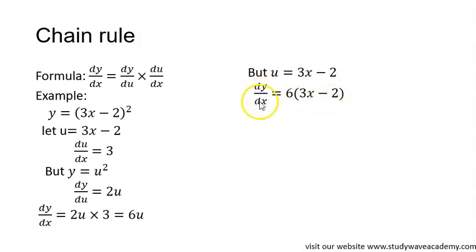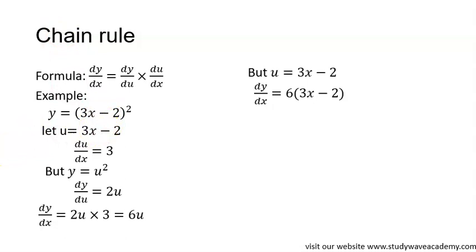So differentiation of y in respect to x is this. Do you understand that? Good. So we can apply the chain rule to this, right? If we see a function like this, we can solve it using this chain rule formula. Okay, good.